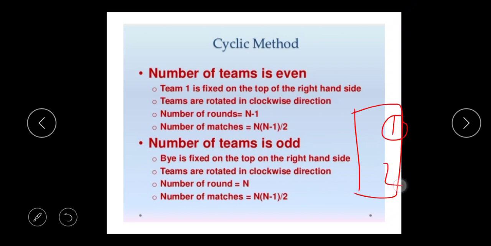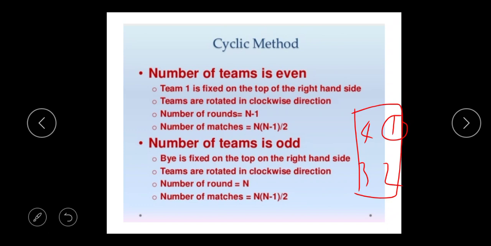Suppose 4 teams are there, I will write in a U shape: 1, 2, 3, and 4. Clear? Then we circle number 1 because team number 1 is fixed on the top right hand side. Clear? When the number of teams is even, team number one is fixed in every round.